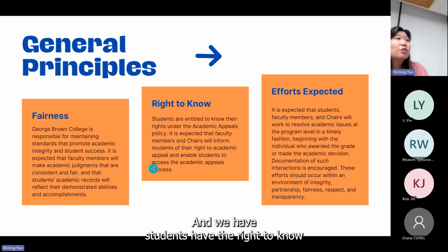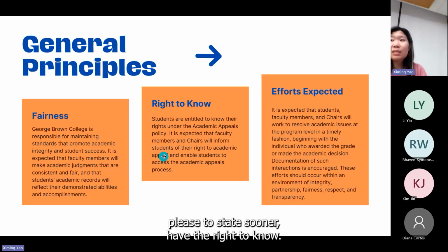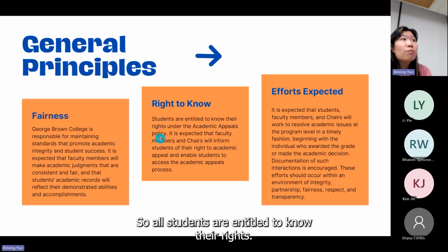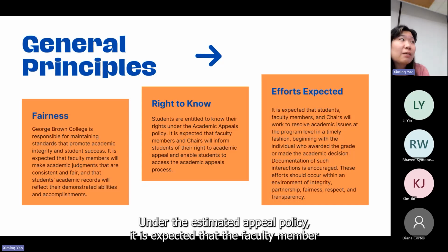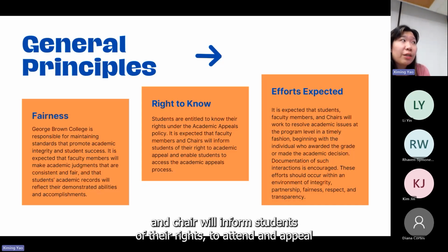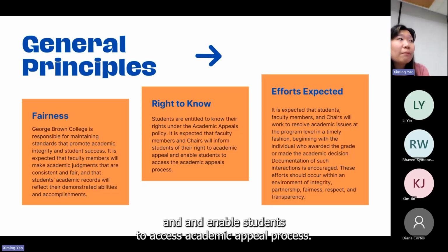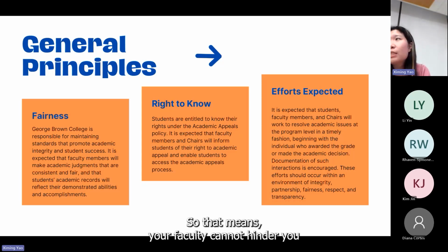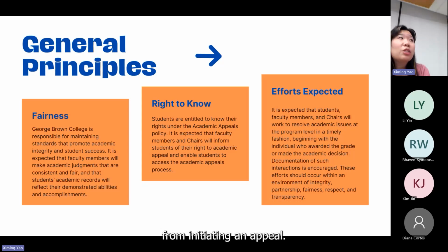And we have students have the right to know. Please take a seat. Students have the right to know. All students are entitled to know their rights under the academic appeal policy. It is expected that the faculty member and chair will inform students of their rights to academic appeal and enable students to access the academic appeal process. That means your faculty cannot hinder you from initiating an academic appeal.